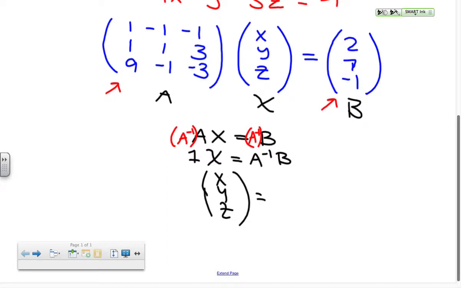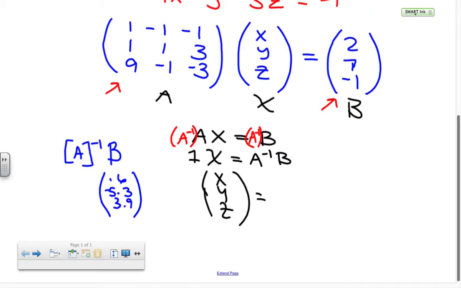Once I put these all in my graphing calculator, keep in mind I just hit the matrix button, typed in matrix A, and then hit the little inverse key, and I don't have to hit enter yet, times B. It's going to give me a 3 by 1 matrix, which looks like this: 0.65, negative 5.3, and 3.9.